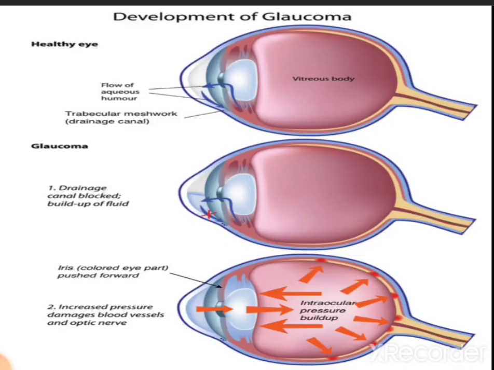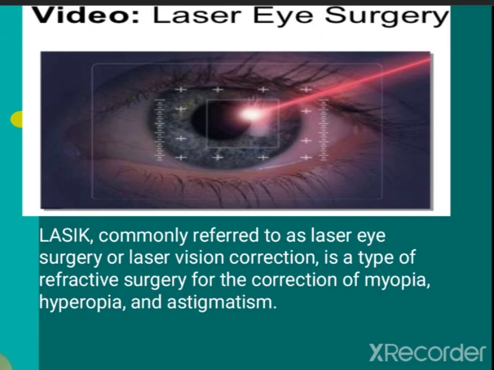So this is the case of glaucoma, where there is increase in the intraocular pressure because of the blockage in the drainage of the fluid. Then these are the recent advances in the eye, where we can use laser eye surgery for removal or correction of any kind of disease of the eye like myopia, hyperopia, and astigmatism.